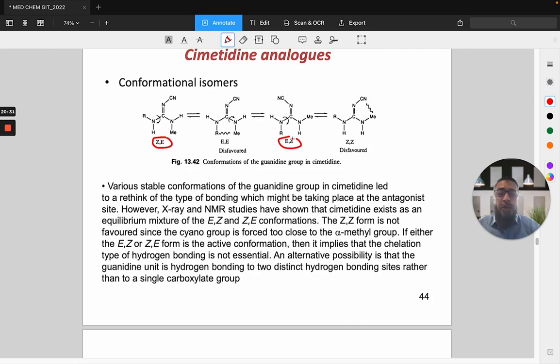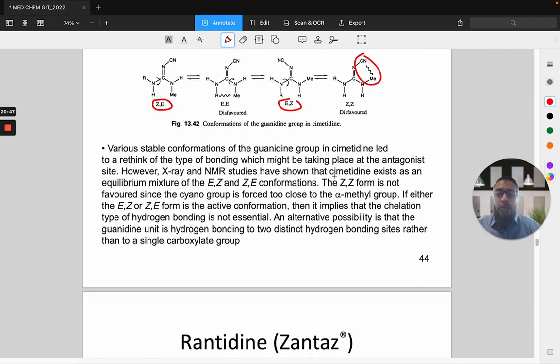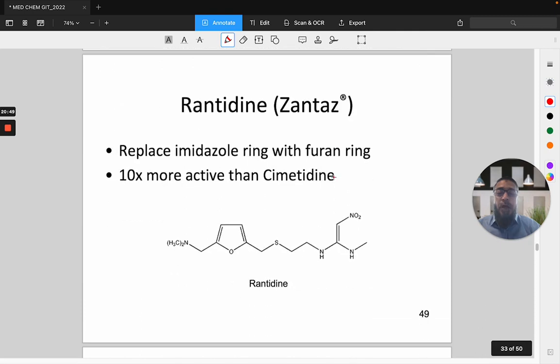The ZZ conformation is not favored since the cyano group is forced too closely to the alpha methyl group, so that's why it is not the favored conformation. Another example of the H2 histamine receptor blockers is ranitidine.